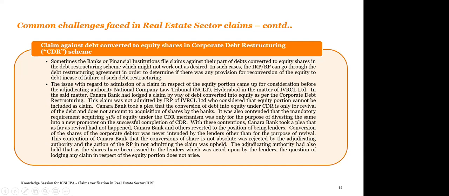Now, when the CIRP starts, even when the debt restructuring doesn't succeed, sometimes it is seen that the lenders have filed claims for the debts which have been converted to equity during the CDR, saying that the corporate debt restructuring has not been successful. So we are claiming that it was a part of our debt. Now we are claiming for the same, though it has been converted to equity.